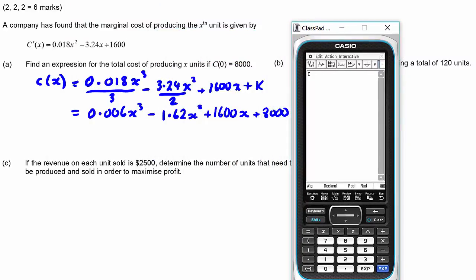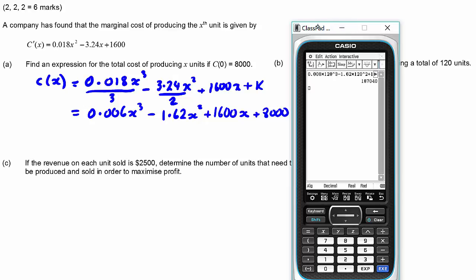We have 0.006 multiplied by 120 cubed, take away 1.62 multiplied by 120 squared, plus 1,600 multiplied by 120, add 8,000.